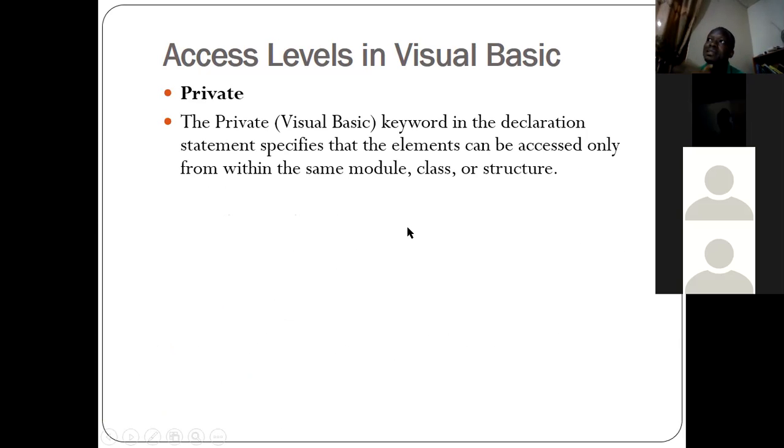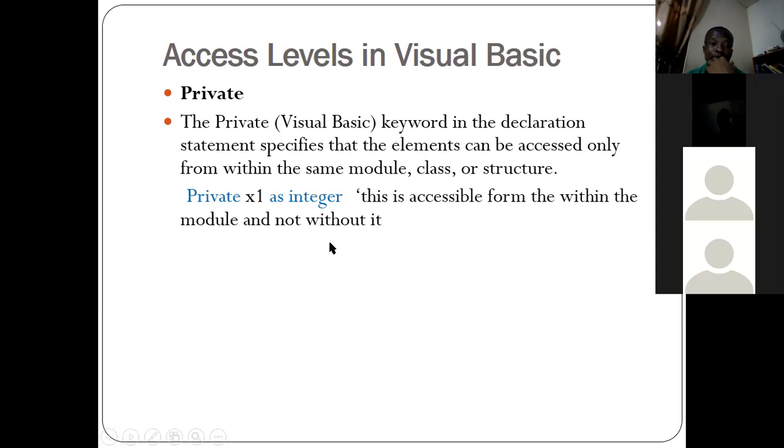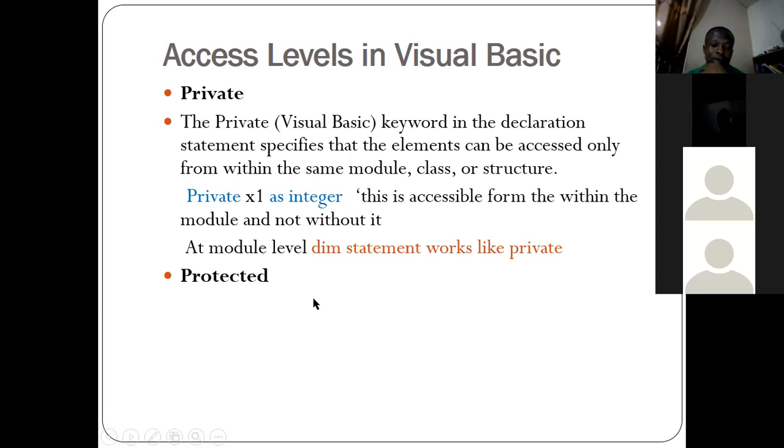If I declare something as private, it's available within the particular procedure normally, or the same module. So you can do Private x As Integer. The variable is x, the data type is integer. Private is the access level, so where it can be accessed. Remember we talked about access levels: procedure level, global level, variables, etc.